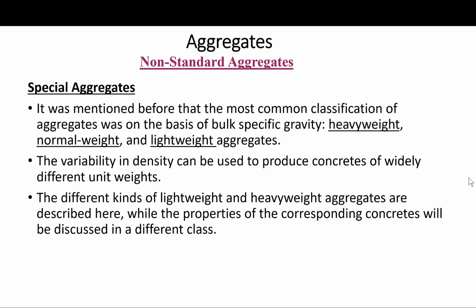But the different kinds of lightweight and heavyweight aggregates are described here, while the properties of the corresponding concretes will be discussed in some other class, not in this class. We're talking here just about the special aggregates for reference only, not to get into the properties of the concrete made with these aggregates.